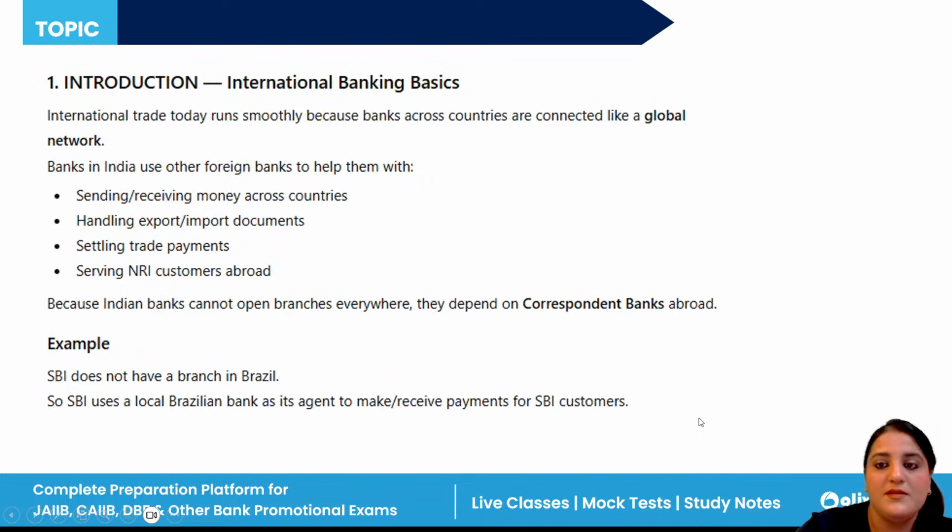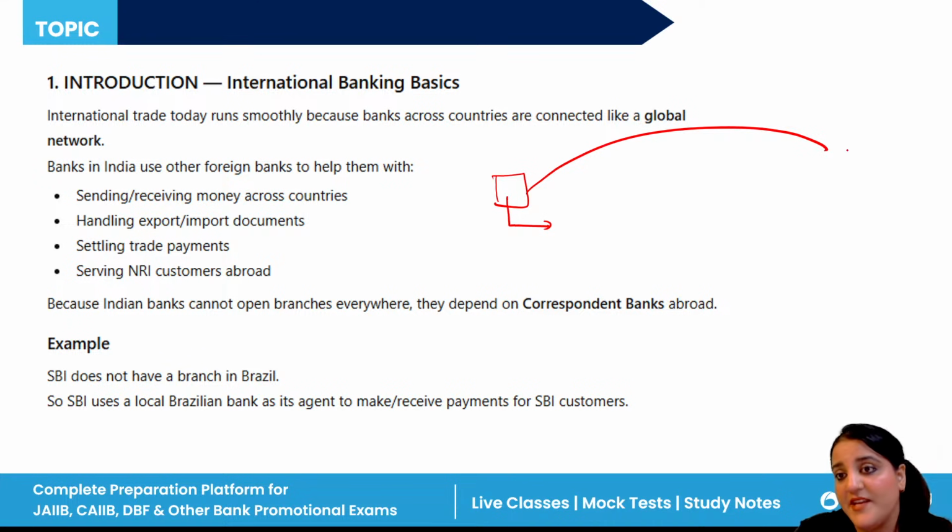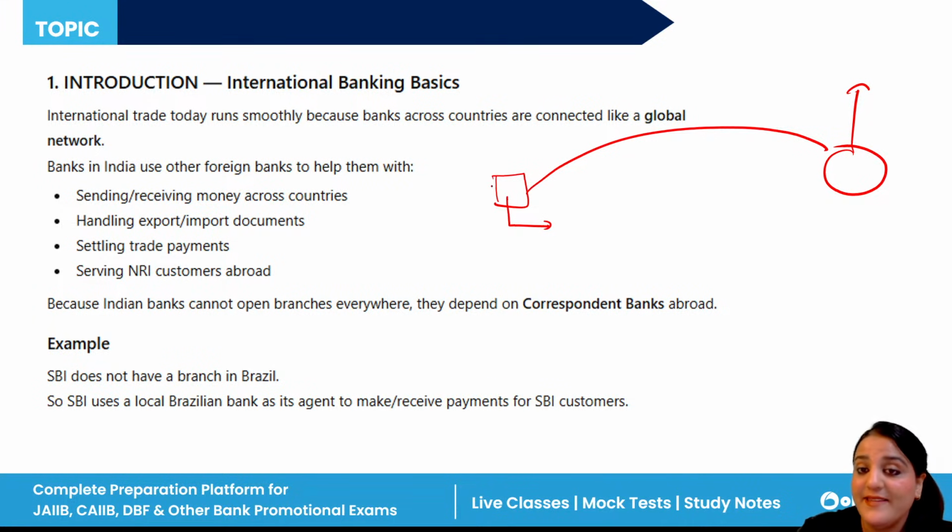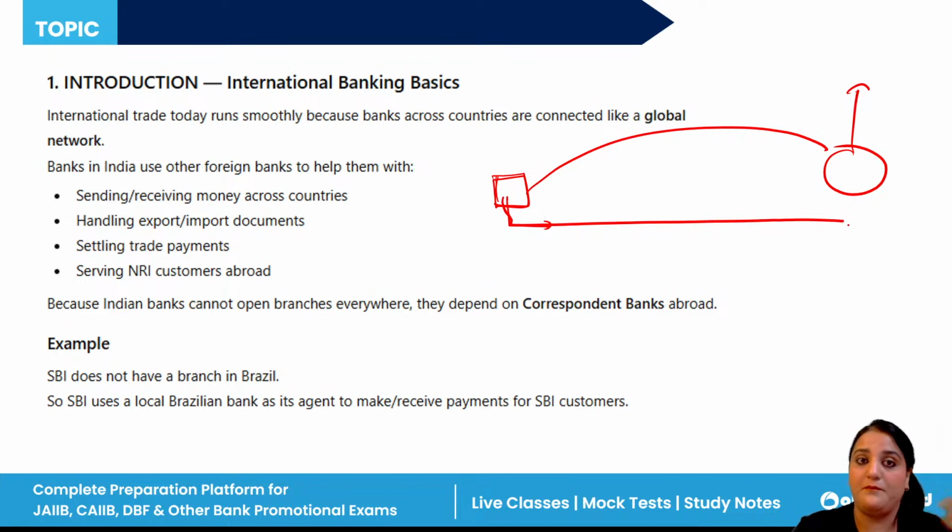See, suppose in India any bank wants to serve their customers in another country, right? But there is no branch of that bank. In that case, this Indian bank will communicate with the banks of that country and ask them to serve my customers on behalf of my bank.